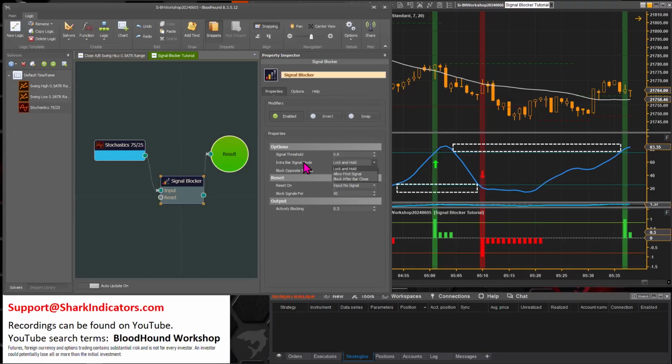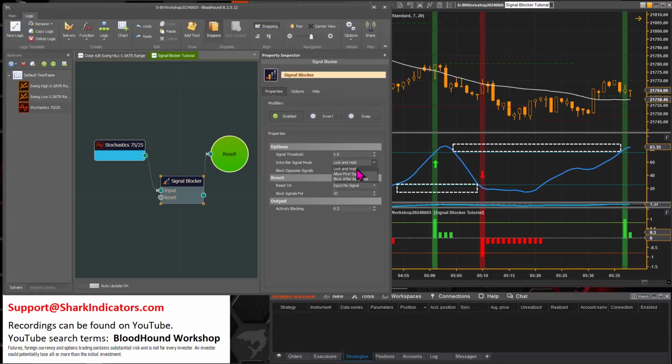It's kind of like when you use the NinjaTrader strategy analyzer optimizer: every time you add a new variable to optimize, the number of iterations grows exponentially. It's the same thing here with the signal blocker. We introduced another calculation mode for the signal blocker to work with, and so now we have 3 other possibilities that you might need when using intra-bar signals.